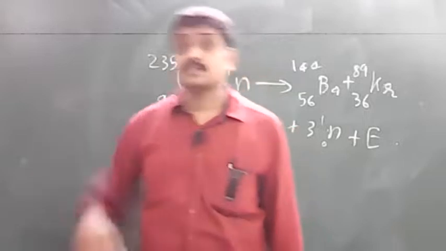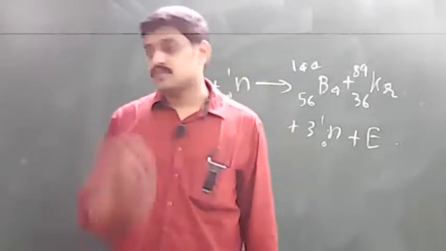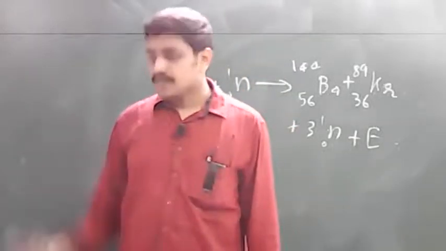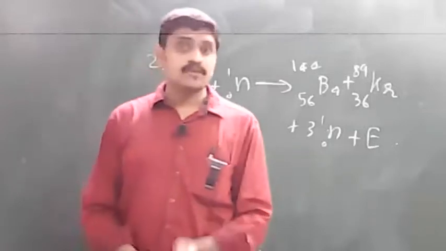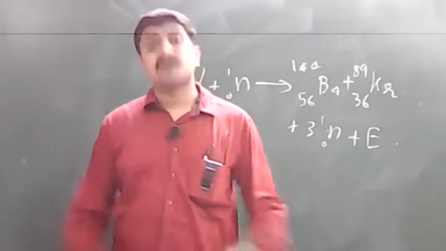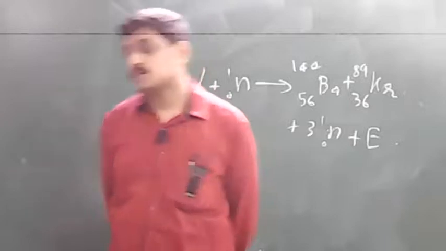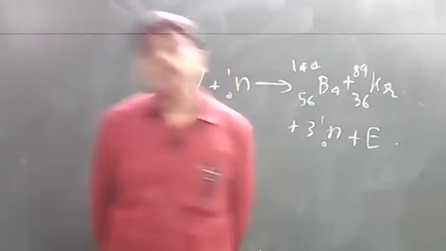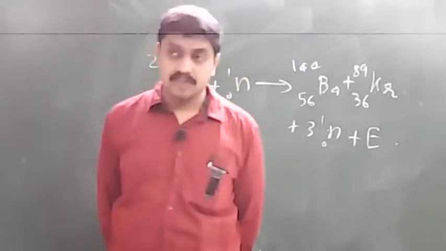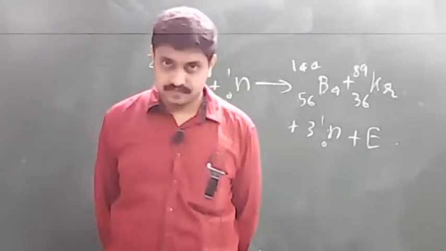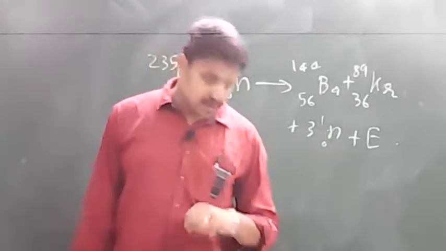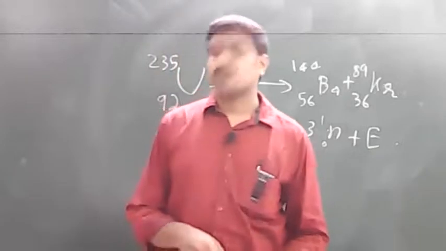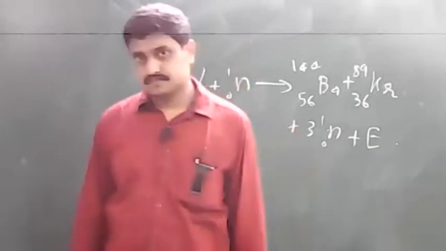The decay is spontaneous and we can't control it. But nuclear fission is controllable, and we can use it for the production of energy.